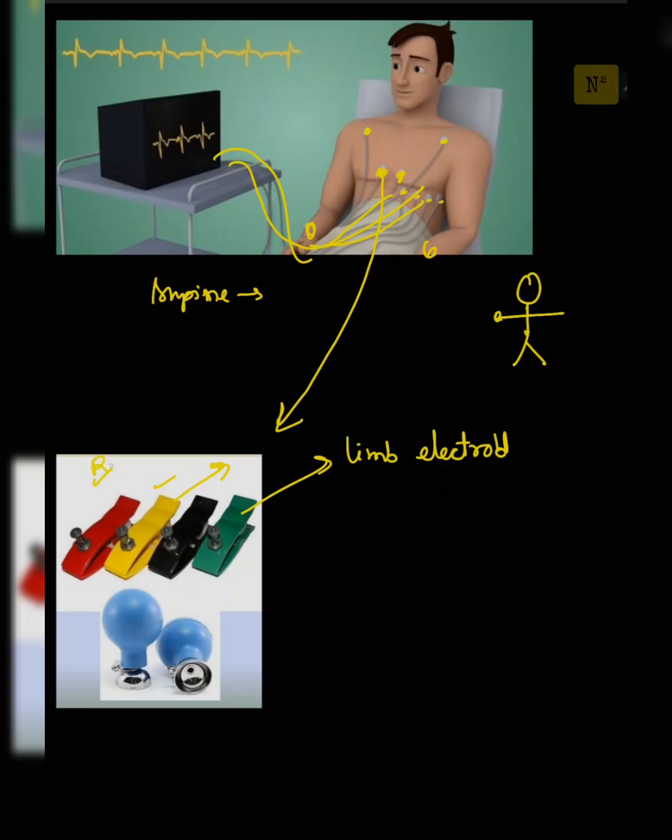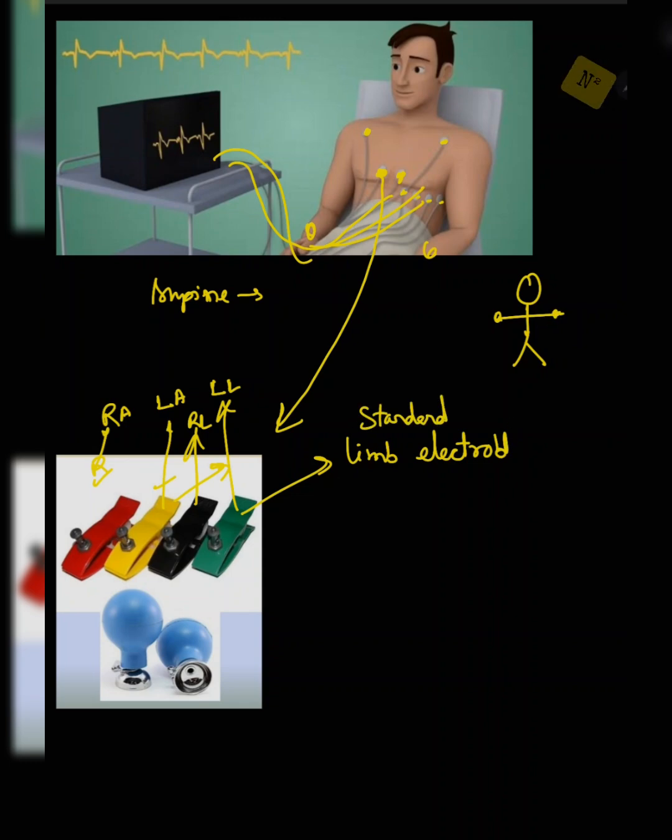The red color is usually attached to the right arm or upper arm. The left one is for your left arm. This one is used for your left leg, and this one is used for your right leg, for the neutral. So we have the standard limb electrodes, which are attached to the limbs.